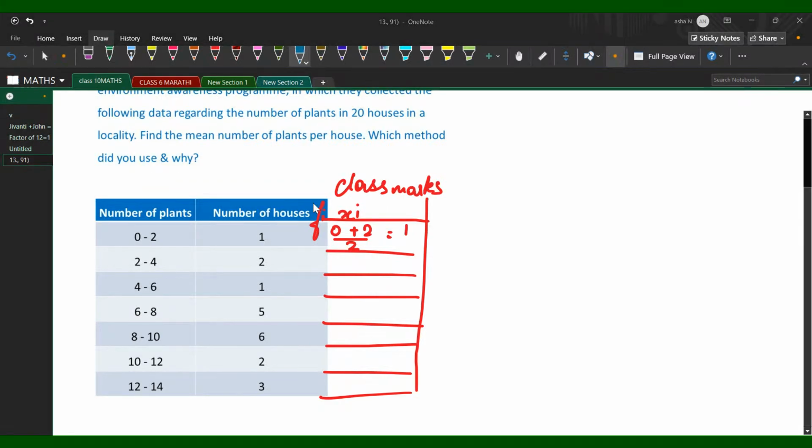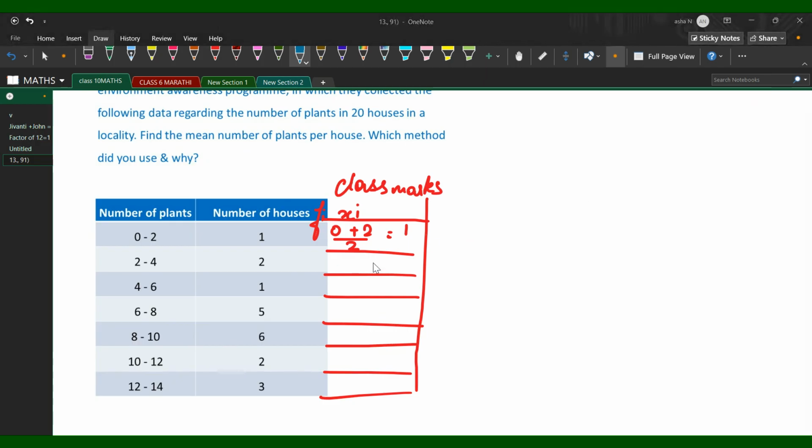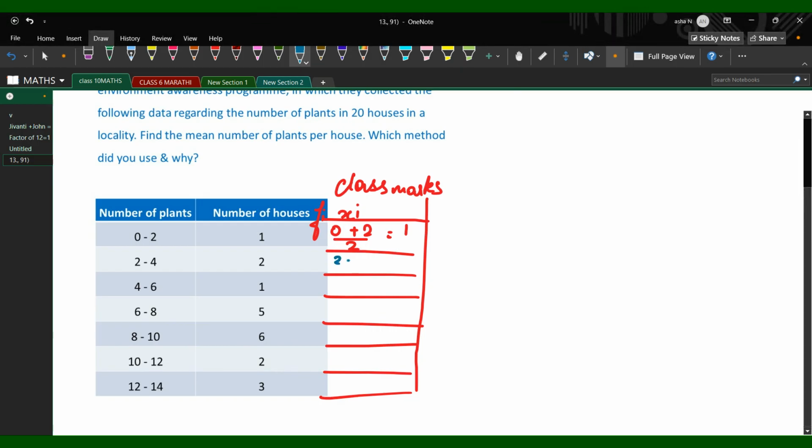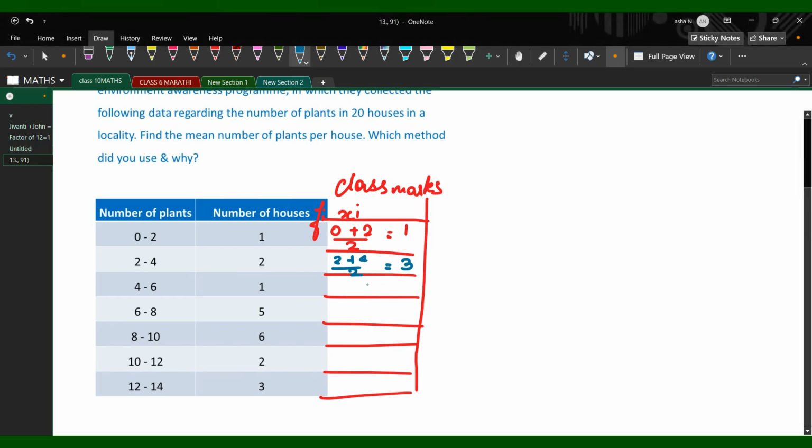Frequency is needed for finding out the mean. The class mark is the average of the class range. For 0 to 2 it is 1, and then we have 2 to 4, that is 2 plus 4 upon 2, which is equal to 3. Then similarly 6 plus 4, 10 upon 2, which is 5.